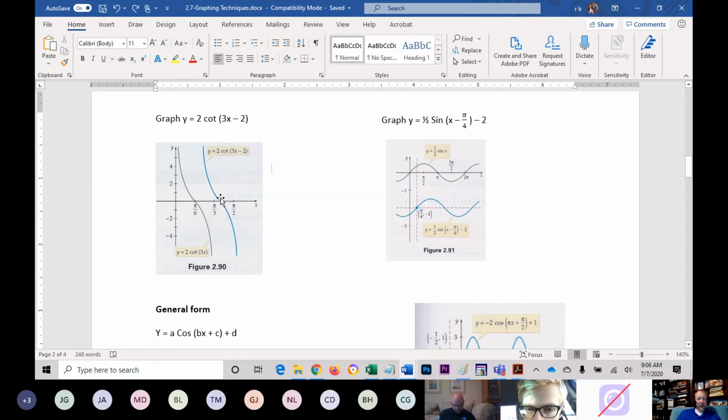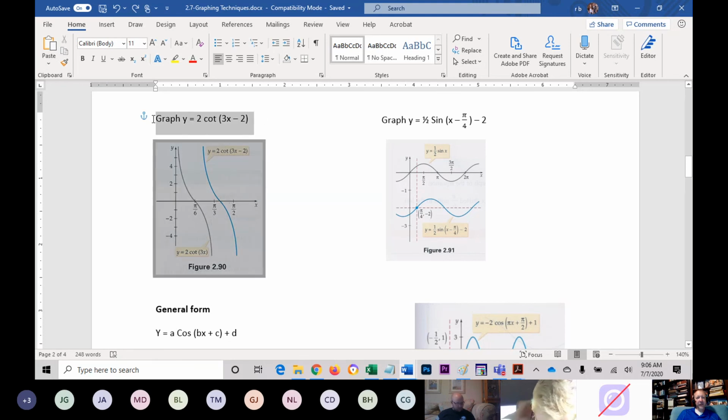I would like to know what this value is, and I would also like to see the asymptotes right here and right here. But at any rate, the -2 shifts it to the right 2 units. So any question on the cotangent function there? No. Okay.